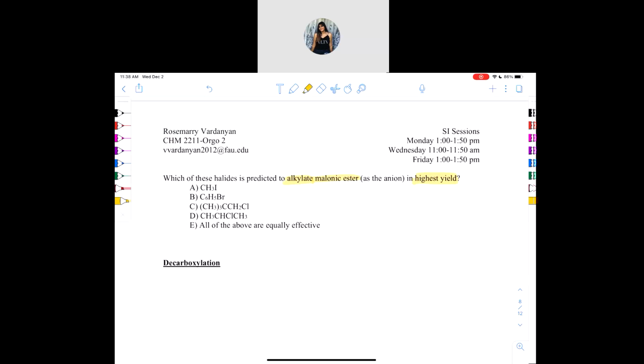So you guys should be thinking about the malonic ester synthesis. And we know that we do what kind of reaction mechanism? An SN2-like mechanism, sweet. And for that kind of mechanism, do we want more or less bulky? Less, exactly. So which one of these is the least bulky? A, exactly. Perfect answer. That is correct.